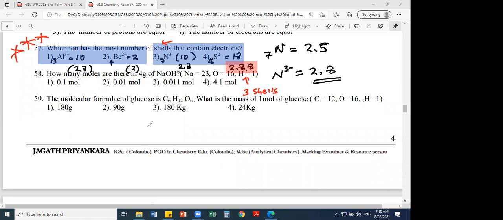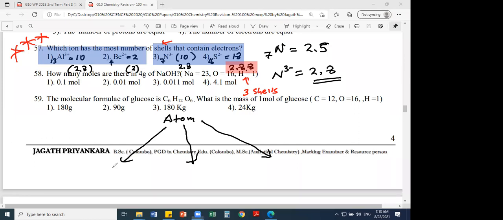So an atom can be neutral. If you can copy down this information also. An atom can be either neutral, positively charged, or negatively charged, depending on the number of electrons in it. Earlier also I told you the importance of electrons.